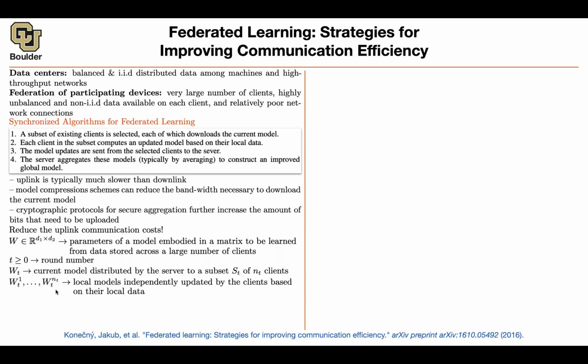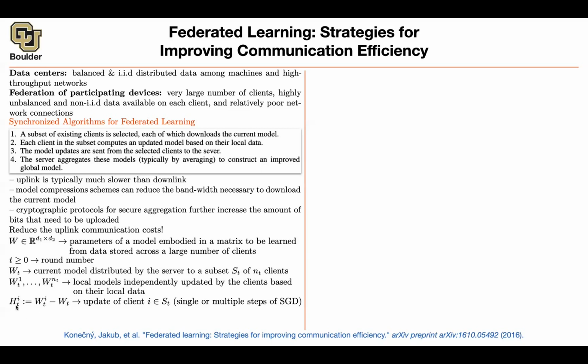Each one of them is going to do their job using their own local data. They're going to update W_t to give you N_t different local models, one per client. So each client is going to have its own local model based on its local data. And then usually what is being communicated to the server is the difference between the local model and the global model at that iteration.